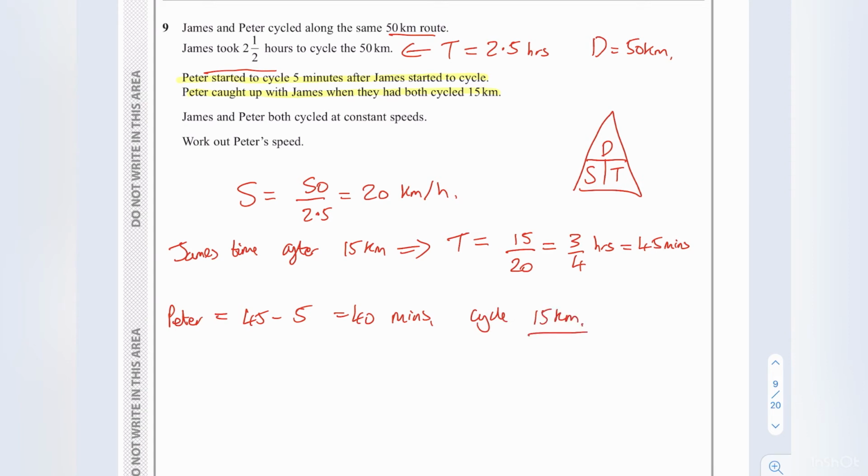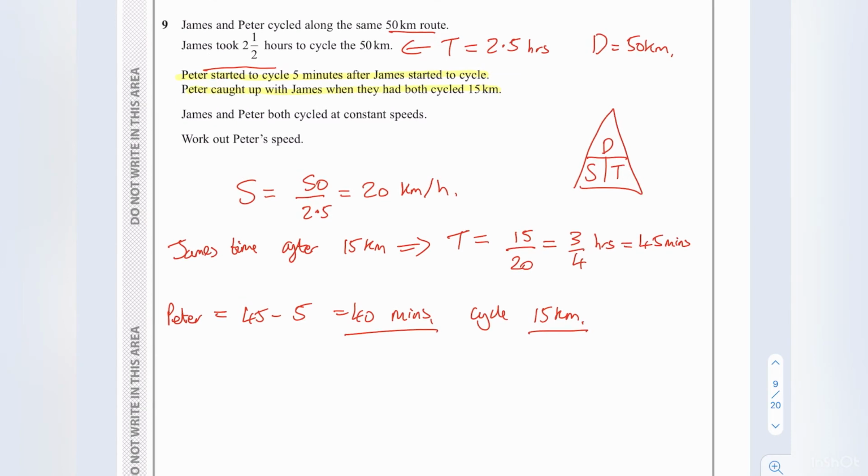Again, we've got our distance and we've got our time. We have to be careful because we need to change our time into hours. 40 minutes is 40 over 60 hours because there's 60 minutes in an hour. That's the same as 4 over 6 hours or 2/3 of an hour.